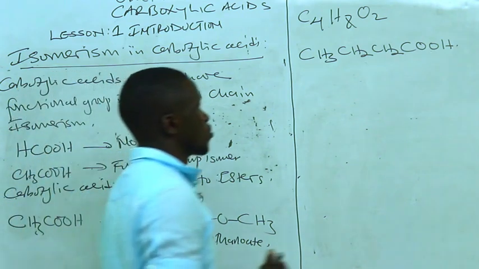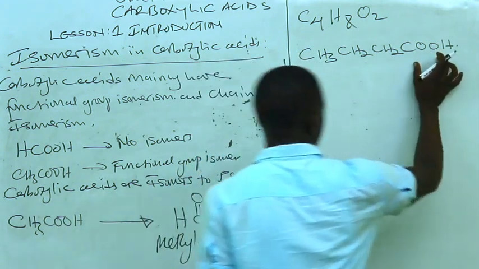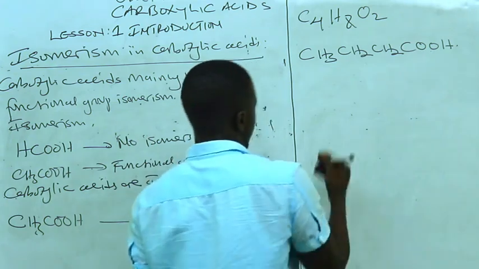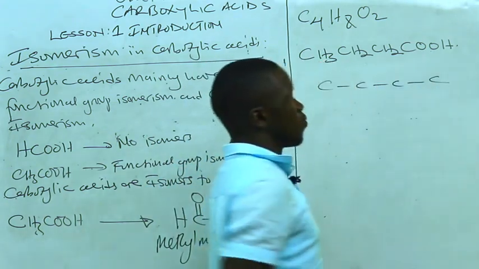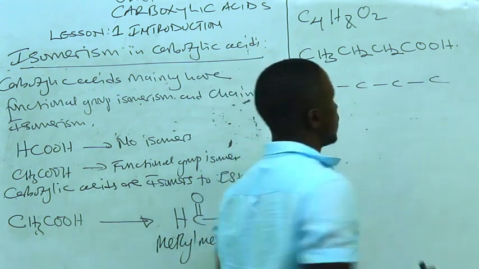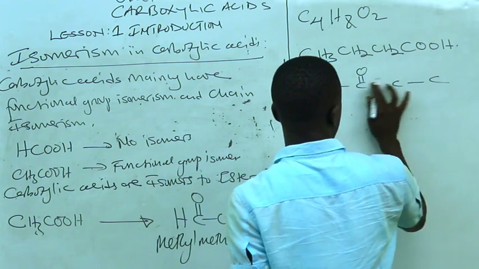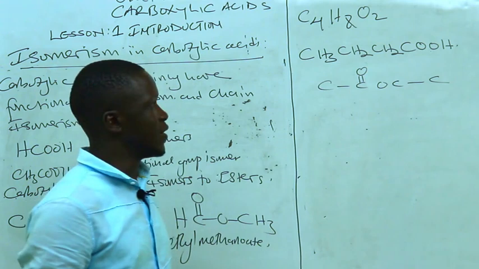Let's look at the functional group isomer first. And the functional group isomer is simply putting the oxygen atoms within the carbon chain. If we wrote these 4 carbon atoms, instead of putting the OOH this side, we could put them in between here. And that would be an ester.